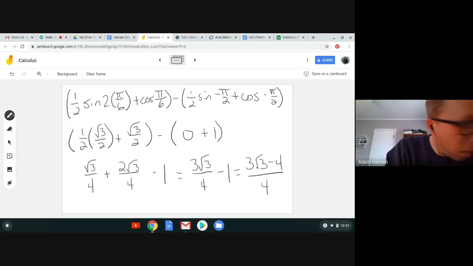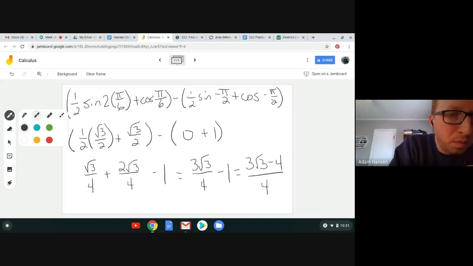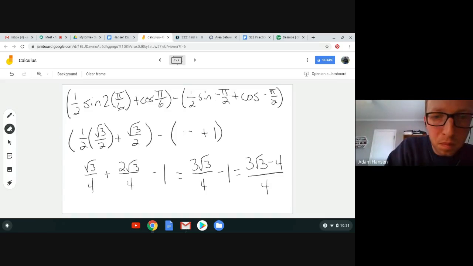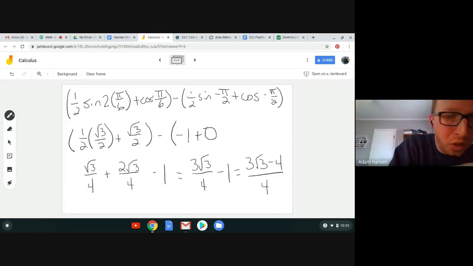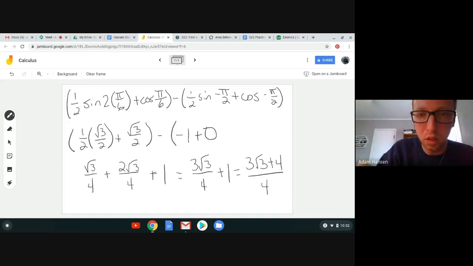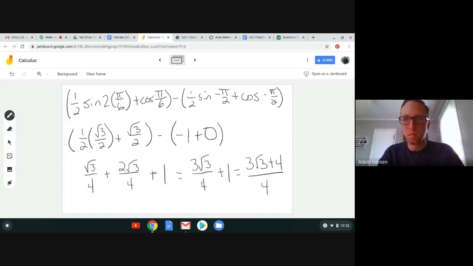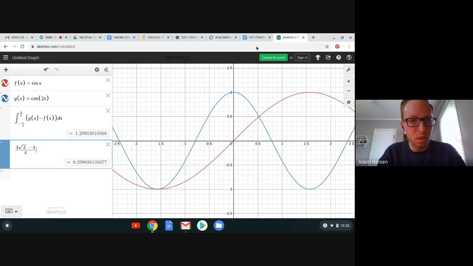The sine of negative pi over 2 is negative 1. The cosine of negative pi over 2 is 0, which would change this to minus negative 1 or plus 1. That's a plus 1 there now. Let's see if that fixes our answer.